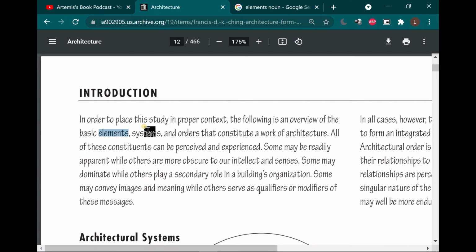So we could say the white wall. White is the more obscure portion of the house. It's the color, whereas the wall itself is more apparent in the fact that it's practical, perceived, and experienced.